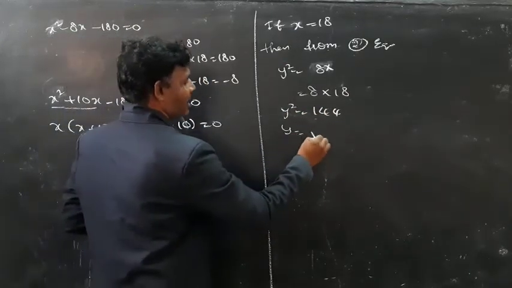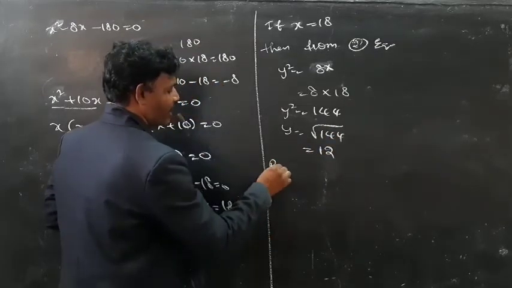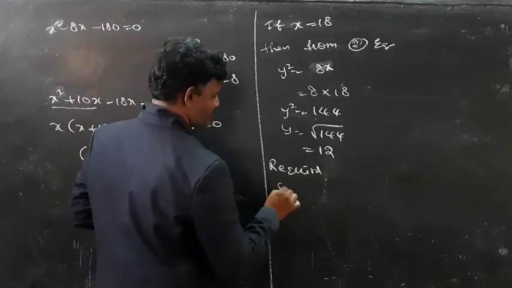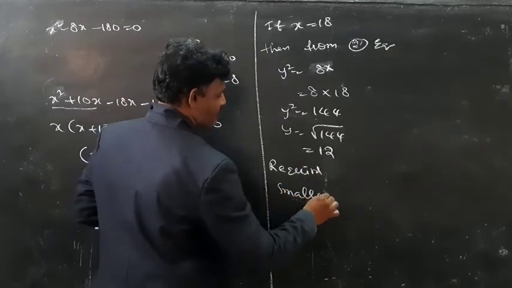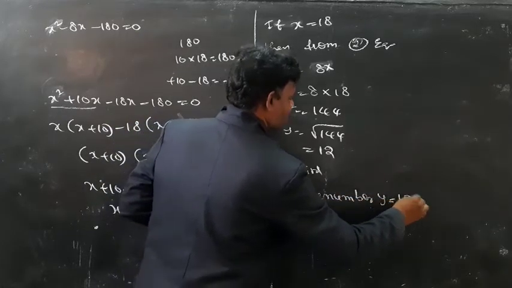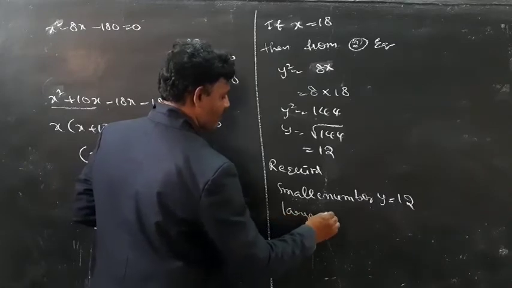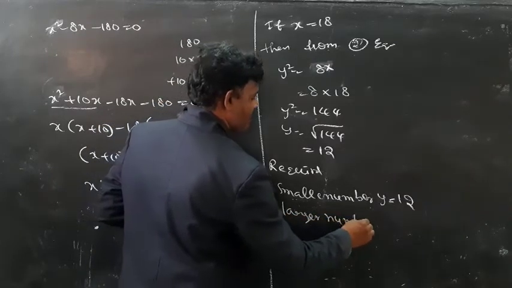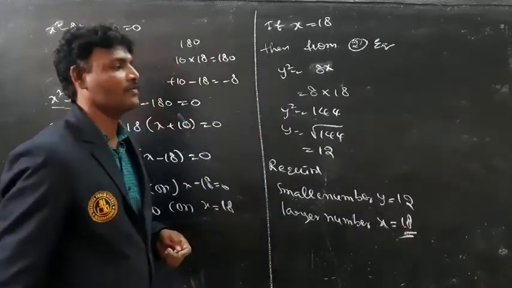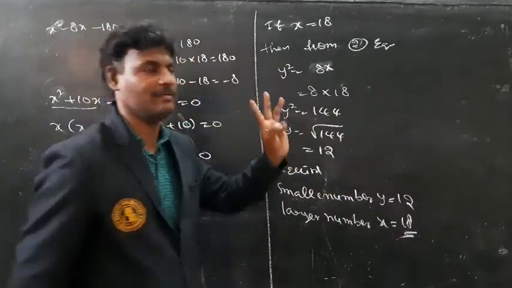Then y is equal to under root of 144, which is 12. The smaller number y is equal to 12 and the larger number x is equal to 18. So the smaller number is 12 and the larger number is 18.